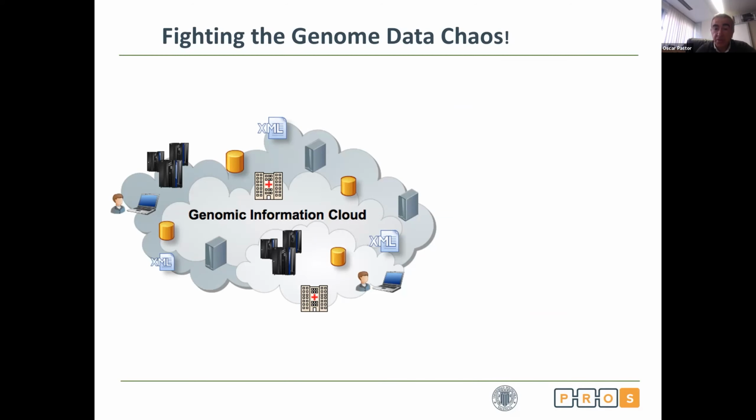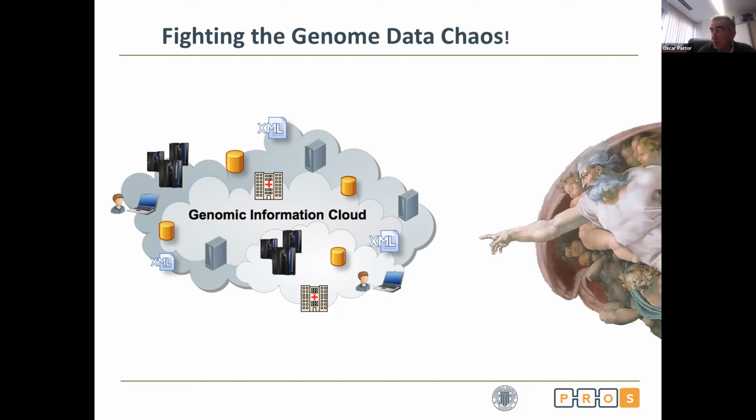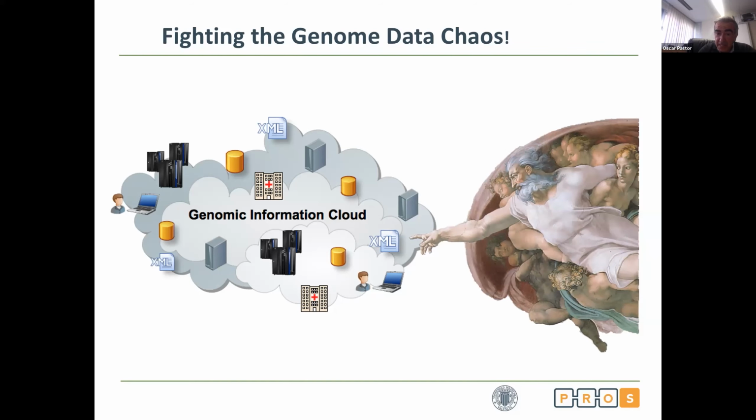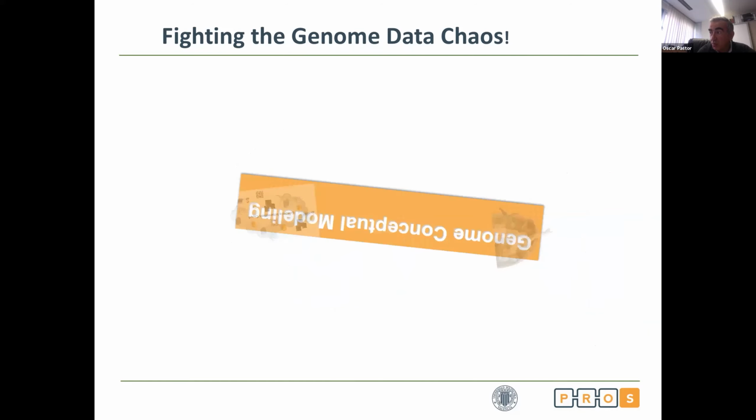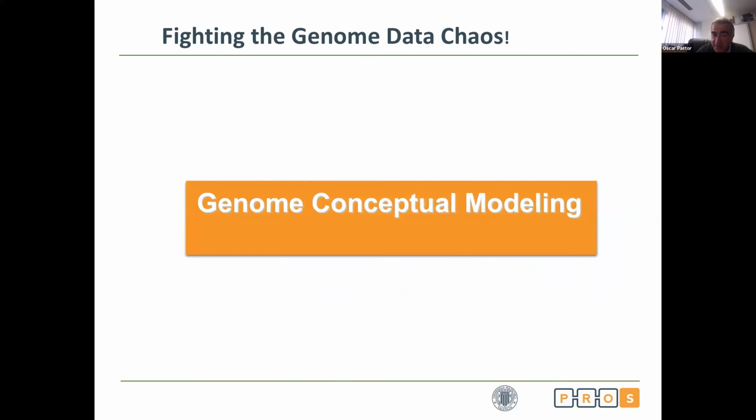What I wanted to insist on in this talk was the role of conceptual modeling, because it is a way of putting structure and clarifying the semantics that would make it possible to reach this objective of understanding the human genome. And let me finish the talk.